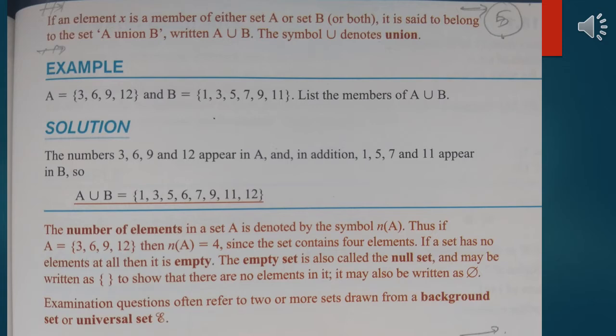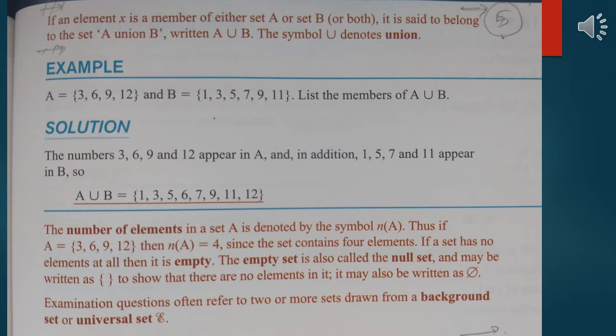Just count the numbers: 3 as 1, 6 as 2, 9 as 3 and 12 as 4. Therefore, the right answer, the number of elements belonging to A, is 4.